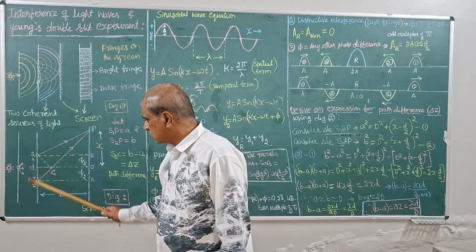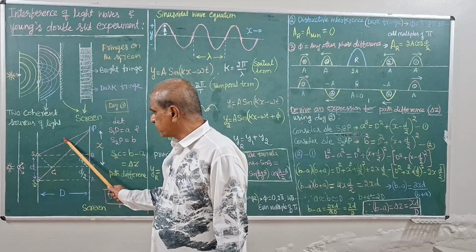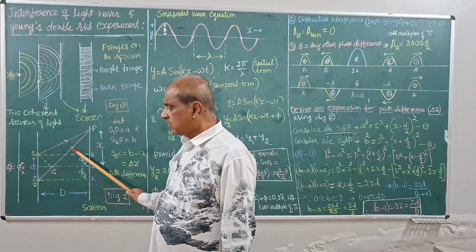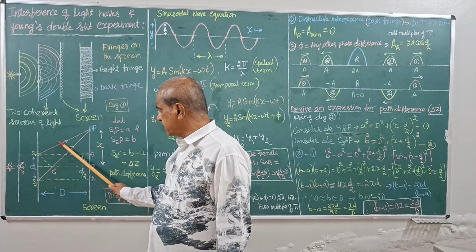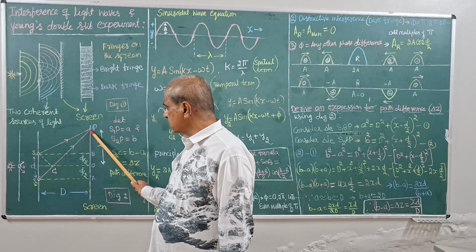The light passing from here I am showing in the form of a ray, a straight line, a ray of light from this slit and a ray from the other slit, touching at this point on the screen.